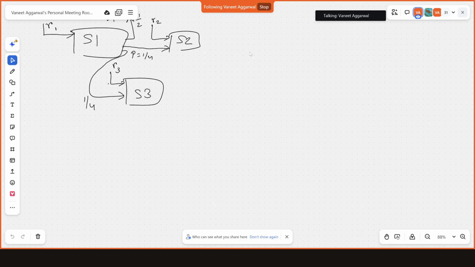From server 2, let us say the customer just goes to server 3 with probability 1. From server 3, with probability half it enters the queue of server 1 and with probability half it departs the system.